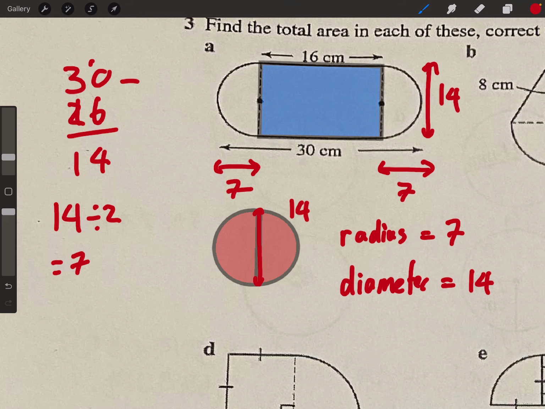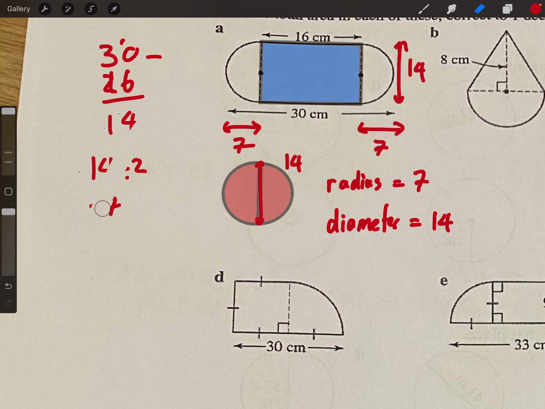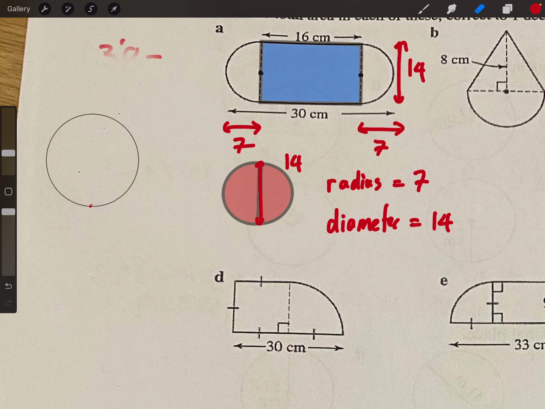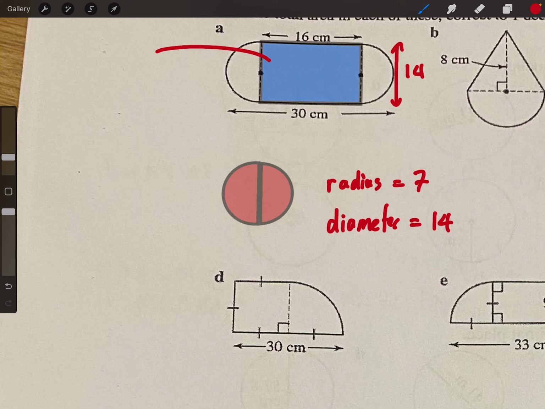So now we can start working things out. Let me just rub some of this stuff out here. Alright, so I figured this to be 14. So now the area of this rectangle is just 16 times 14, and you can work that out.